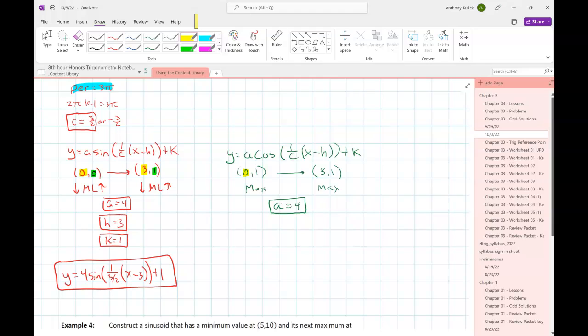Since the x-coordinate of my parent function is 0, the h has to be the x-coordinate from my transformed function. However, look at the y-coordinate from my parent function. It's not 1, it's not 0, is it? So I have to actually solve an equation there.